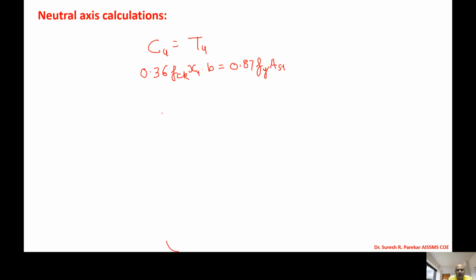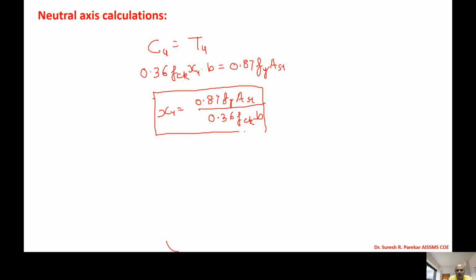And from this we will get Xu, that is equal to 0.87 fy Ast divided by 0.36 fck into b, and from this we can calculate the neutral axis. So this is neutral axis calculations.